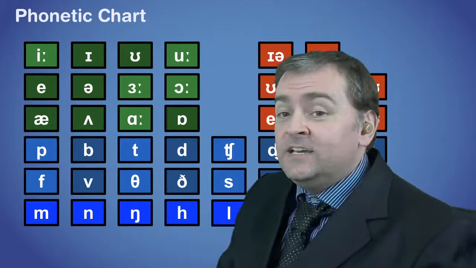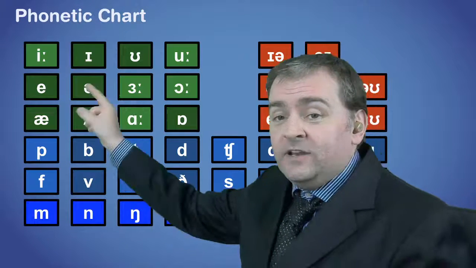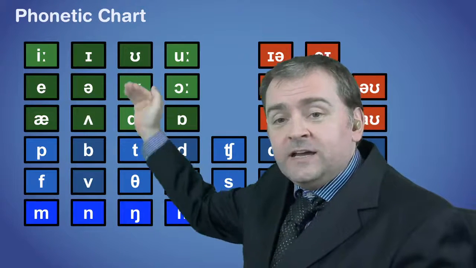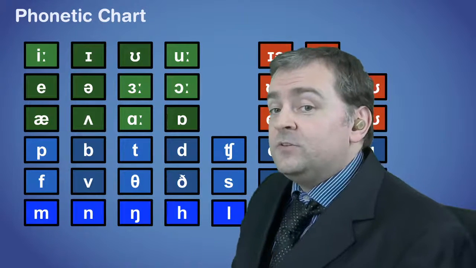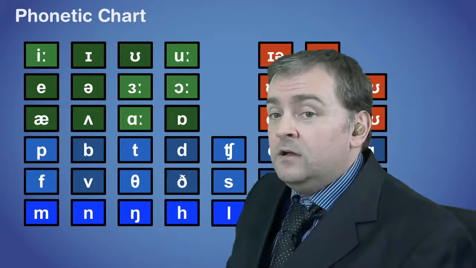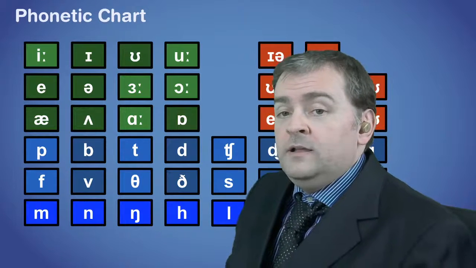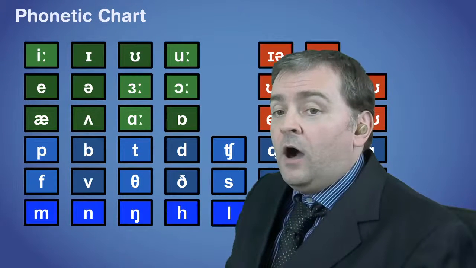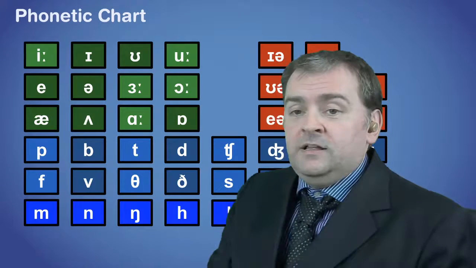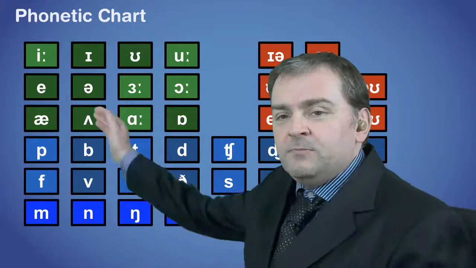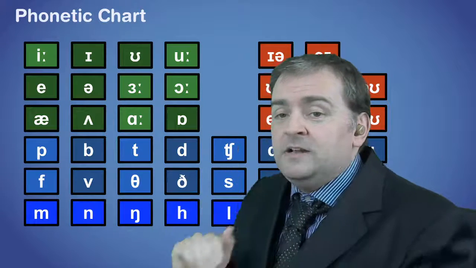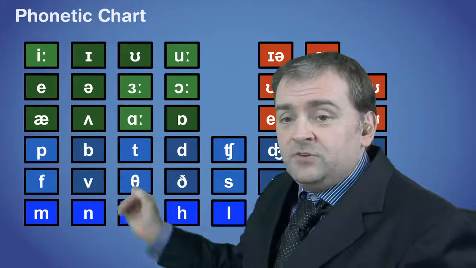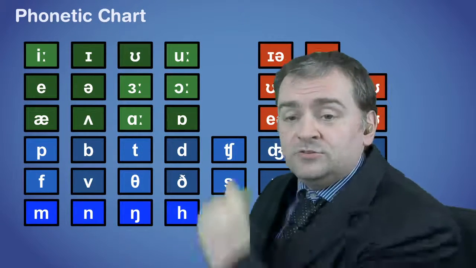So e, I, u, and that's the same on each row. But as we go down the rows, our mouth becomes more wide open. So the next row is e, o, and then a, r, o. So from left to right, you have the shape of the lips, and from top to bottom, you have how open or closed your mouth is.